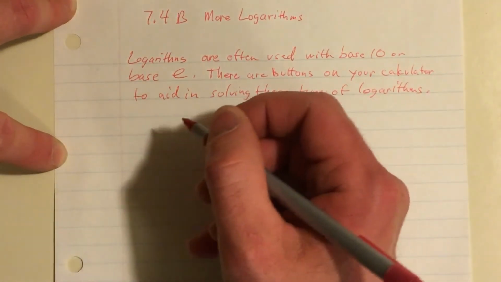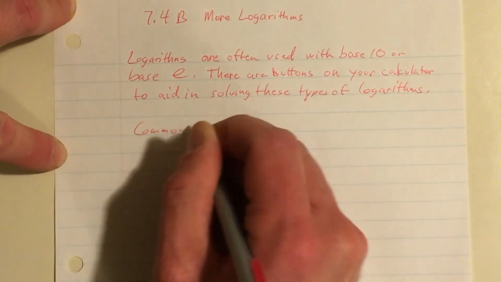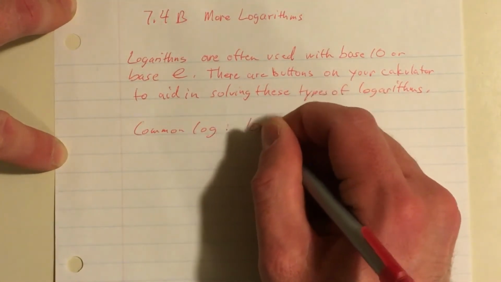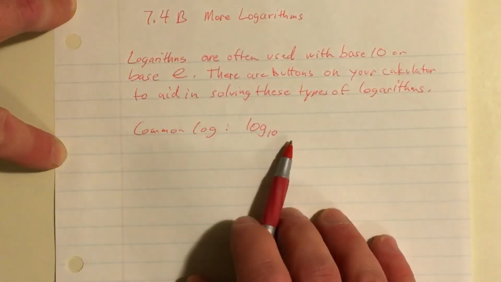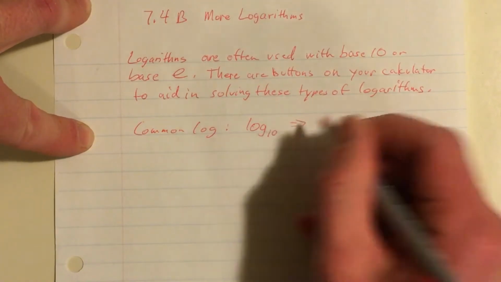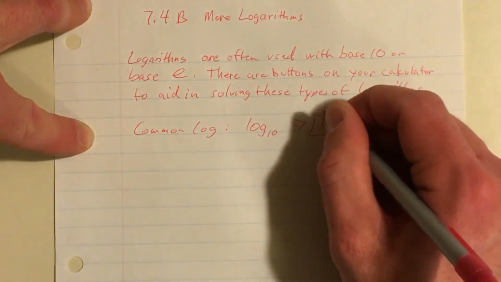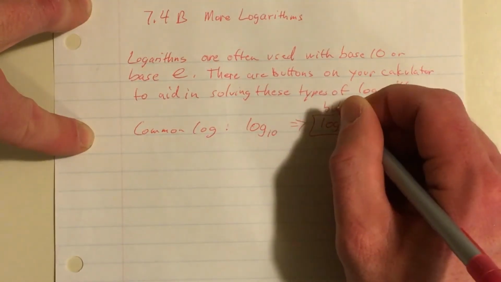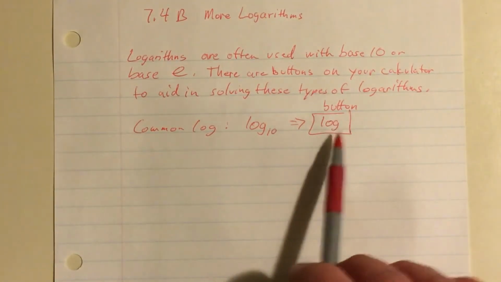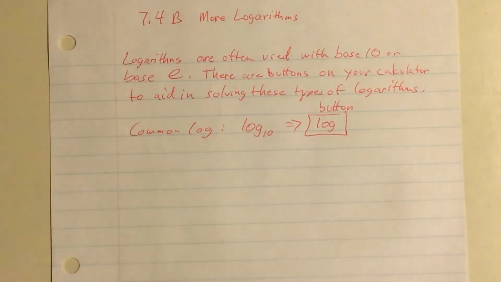And the log base 10 is actually called the common log. And like I said, it's log base 10. Remember, you write the base as a subscript. And on your calculator, it's just going to be that log button that stares at you, okay? That's what the button looks like. It'll just say LOG. And it turns out that when you just see LOG with no base written, guess what its actual base is? It's base 10.